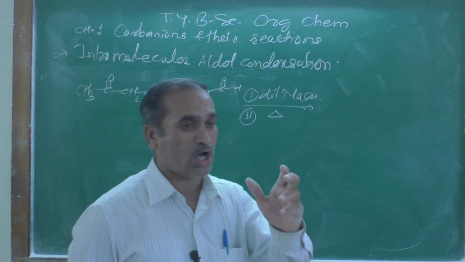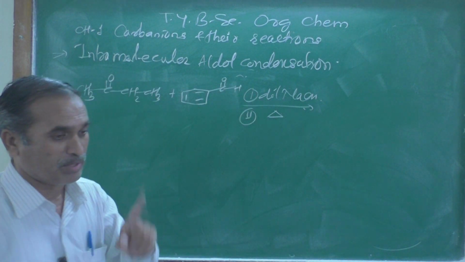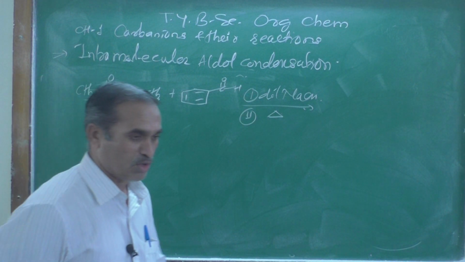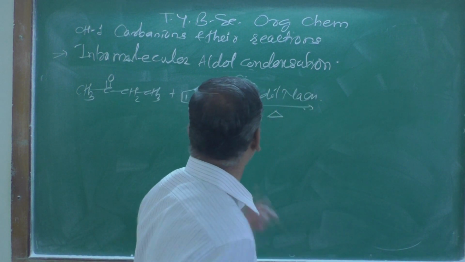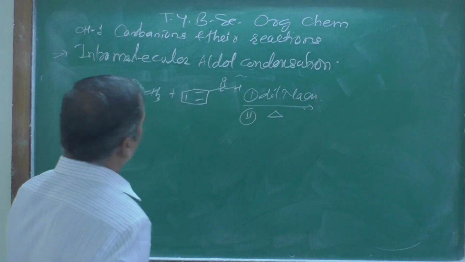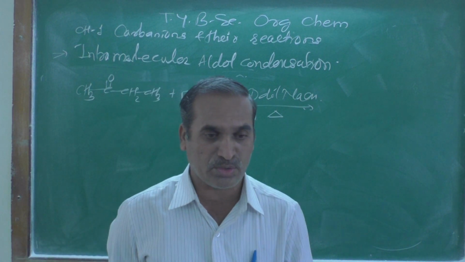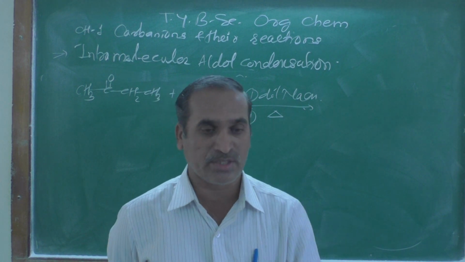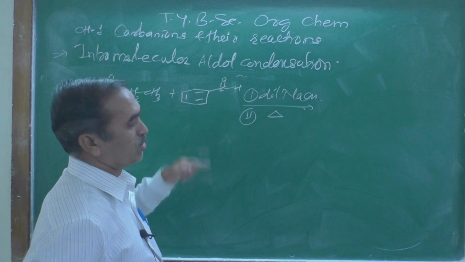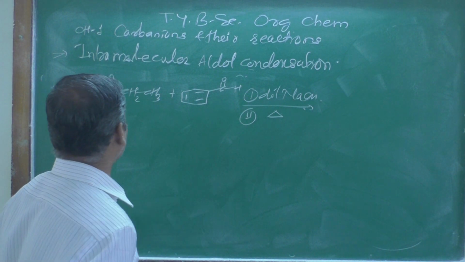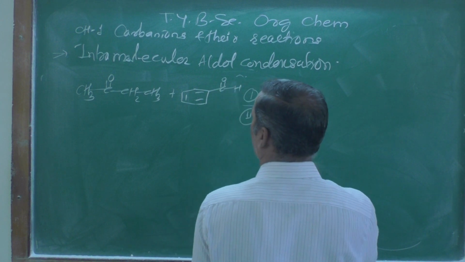This is the crossed aldol condensation, and synthetically it is very important, because the resulting compound is obtained as only a single product. Why? Because only one of the molecules has an alpha hydrogen atom and the second molecule does not, and this reaction shows the cross aldol condensation, and the resulting product will be like this.